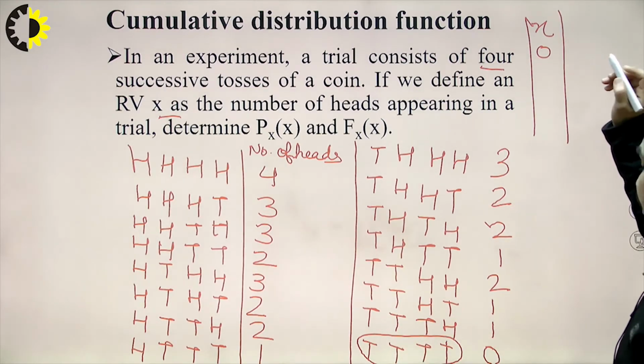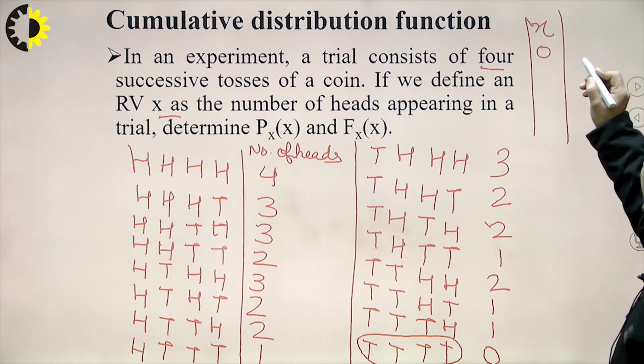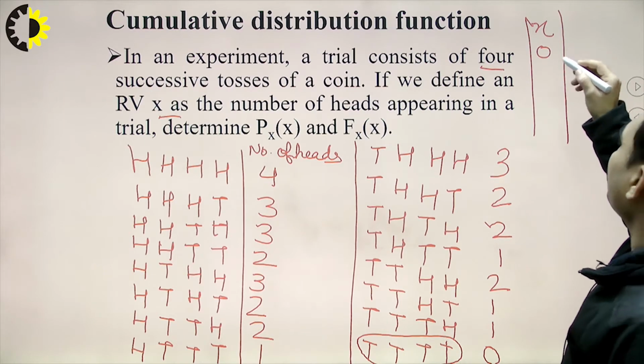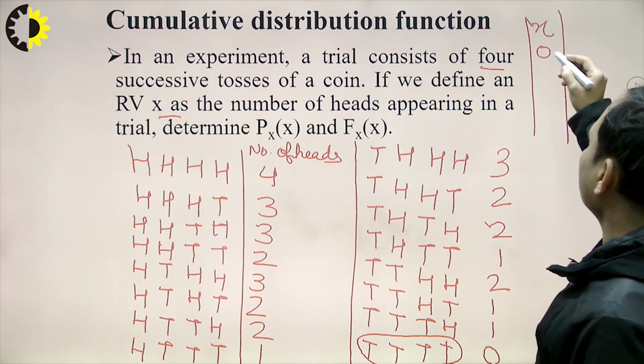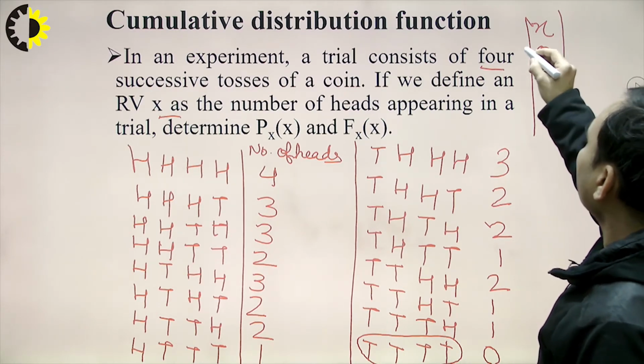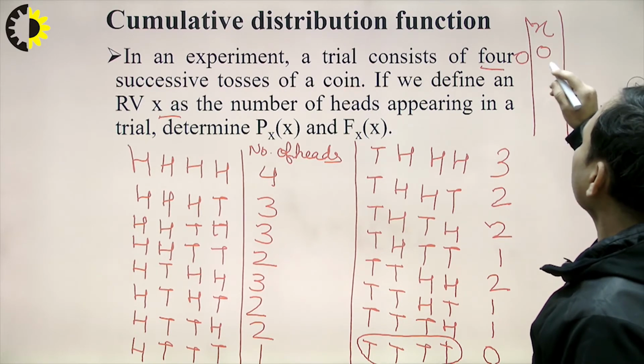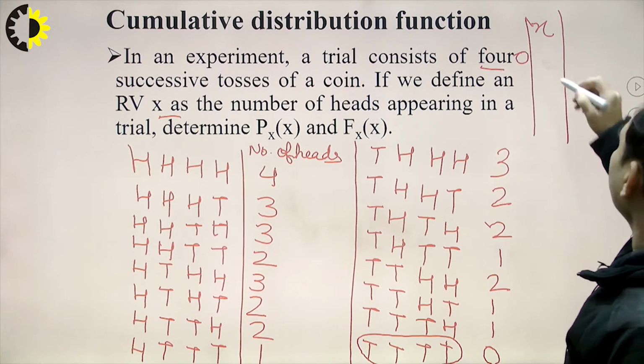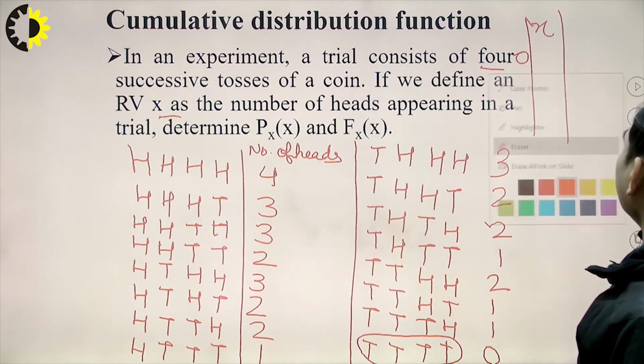So for number of heads equal to 0, the random variable has one possible outcome.